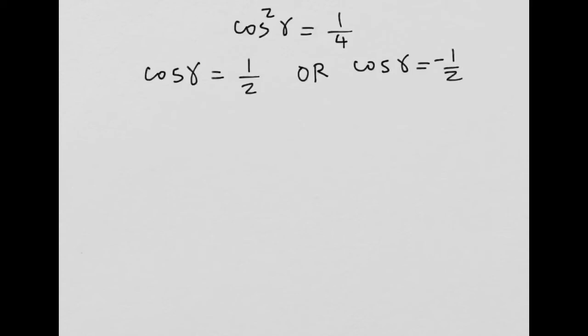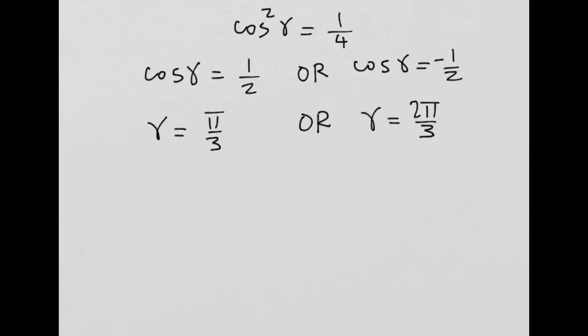Recall that gamma has to be between 0 and pi. So solving the first equation, cosine gamma equals 1/2, means that gamma is pi over 3. And solving the equation cosine gamma equals minus 1/2 yields gamma equals 2 pi over 3.